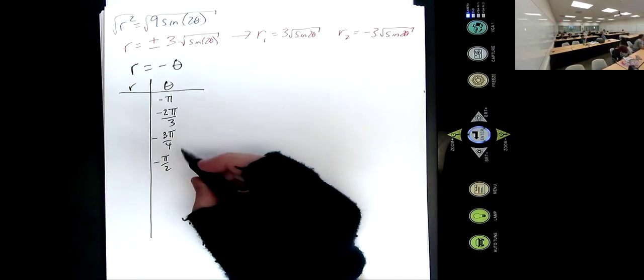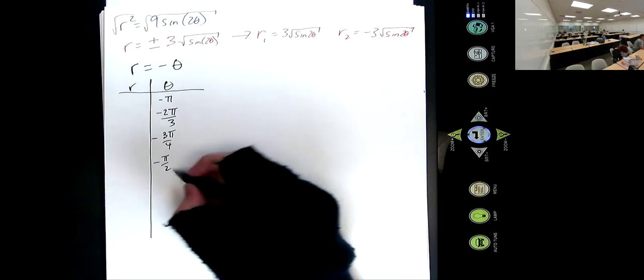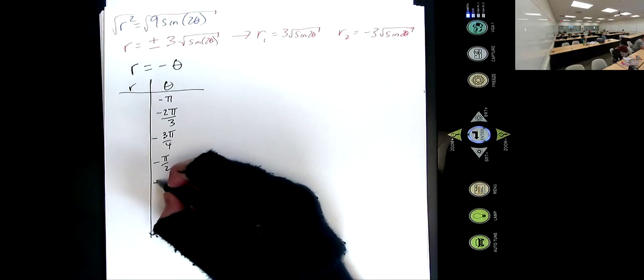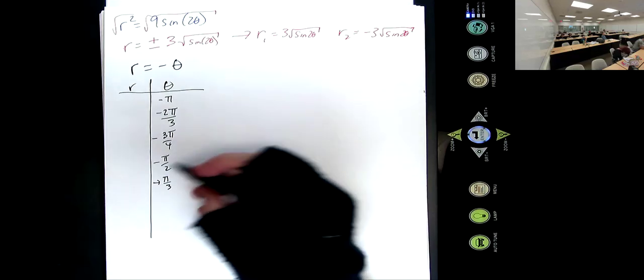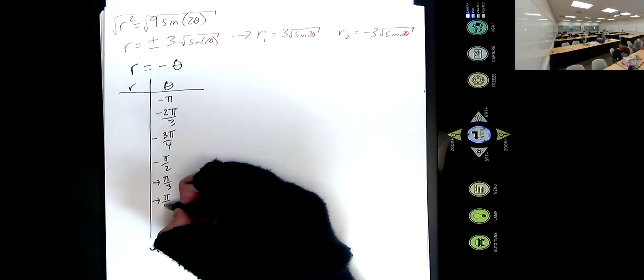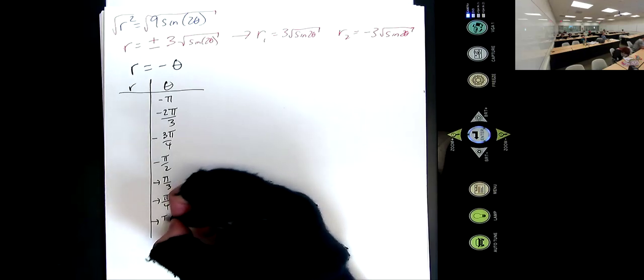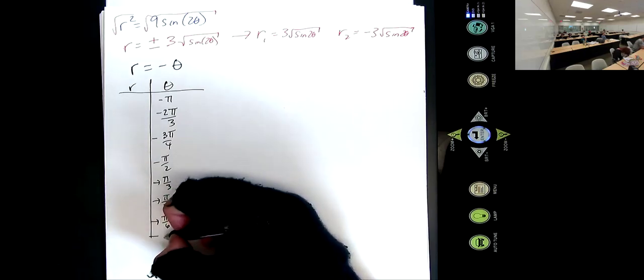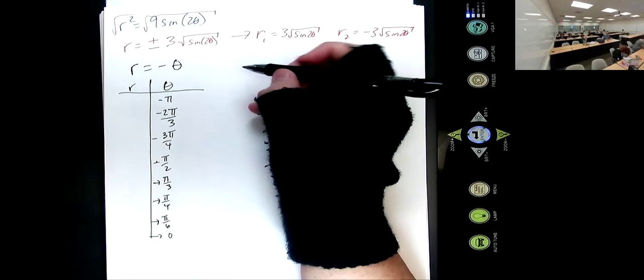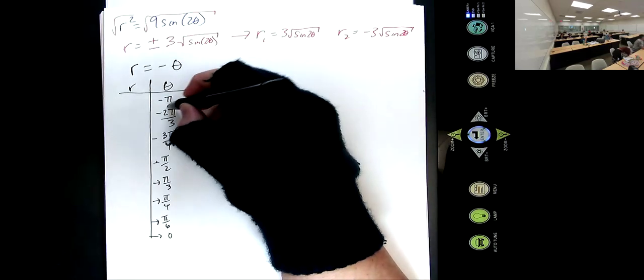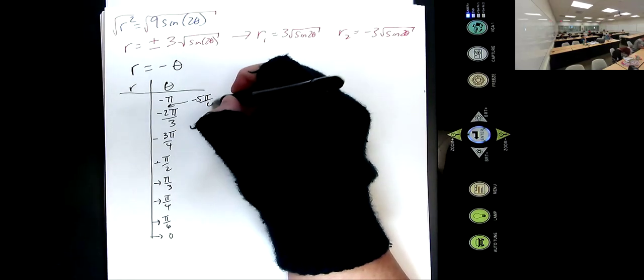I think I'm making too many here, but that's okay. Then we have pi over three, pi over four, oh, I missed one, pi over six, and then 0. I kind of want to have a negative 5 pi over 6 in here.